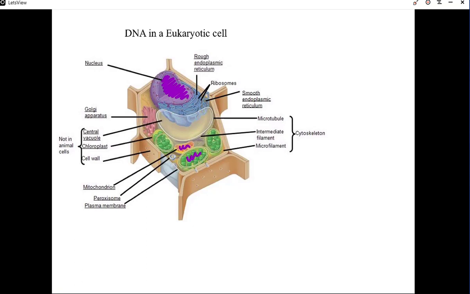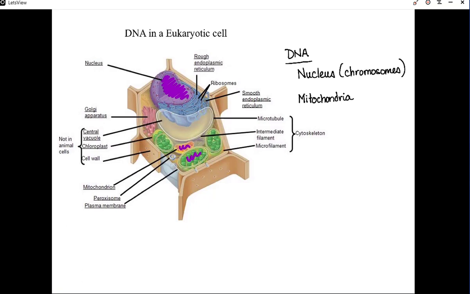So to summarize, DNA is found both in the nucleus, and these are our official chromosomes. But then there's extra pieces of DNA found in the mitochondria, which almost all eukaryotic cells have.